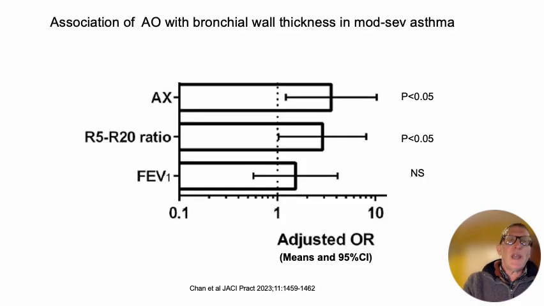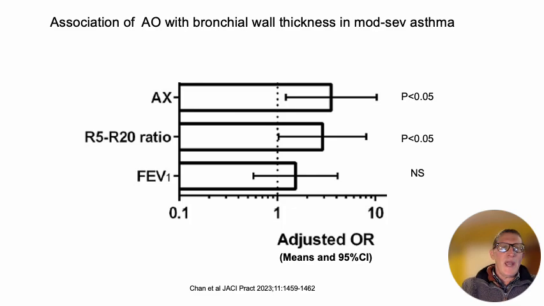And here we can see the high resolution CT scan looking at spirometry and oscillometry. So this is looking at bronchial wall thickness in moderate to severe asthma, in other words, airway remodeling. And here we can see the adjusted odds ratios and the confidence interval. To fit it on the screen, it's plotted on a log 10 scale.